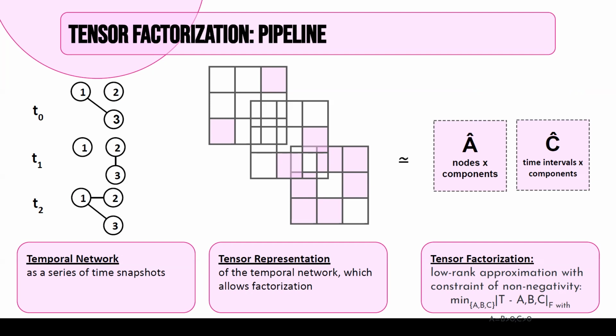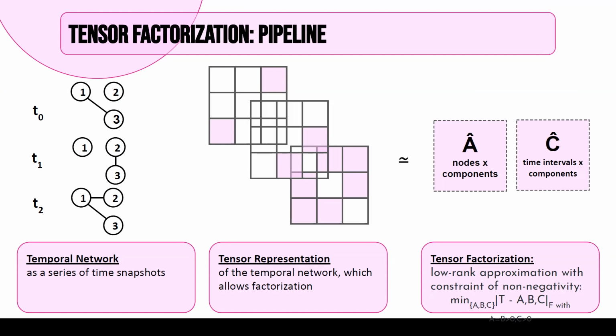with a constraint on non-negativity because of the interpretability of the factor. Of course, we need to understand that every component here represents the activity of each node of the original temporal network in the final representation. So the activity cannot be negative, and that's why we impose the non-negativity constraint.